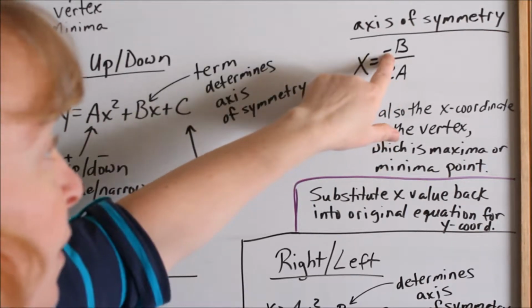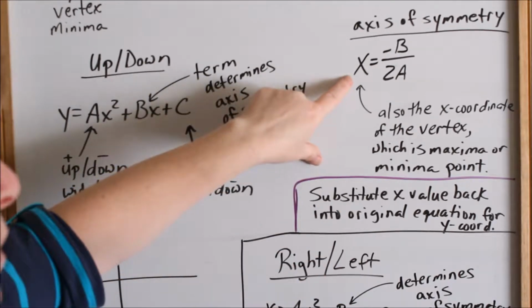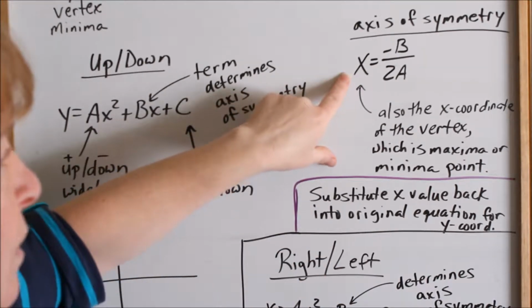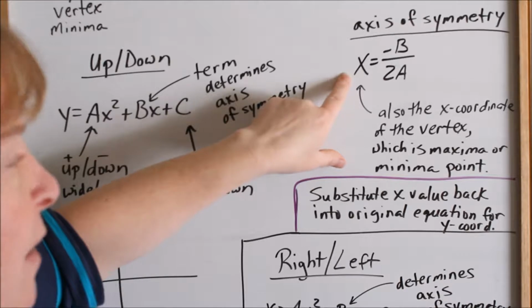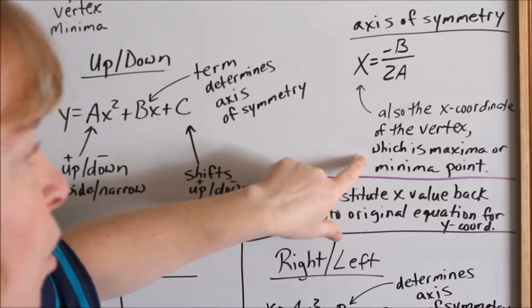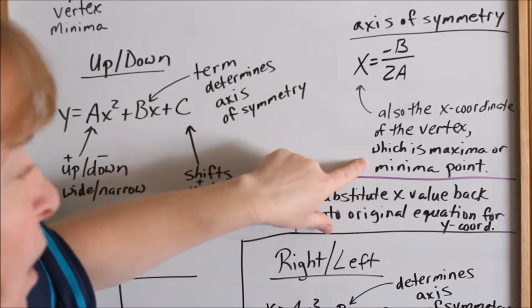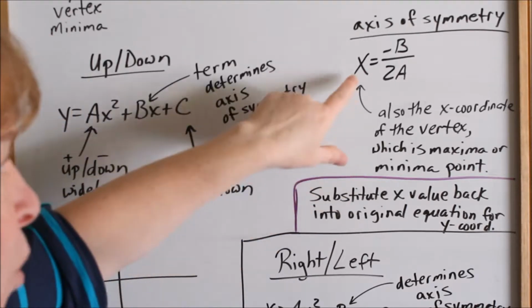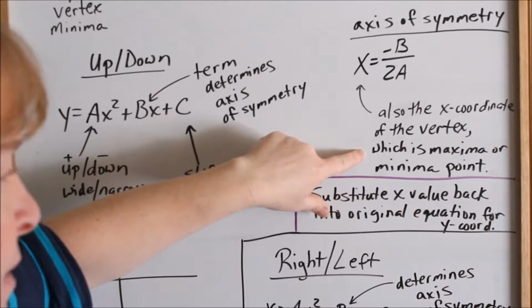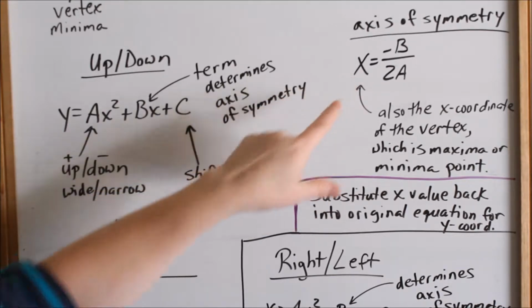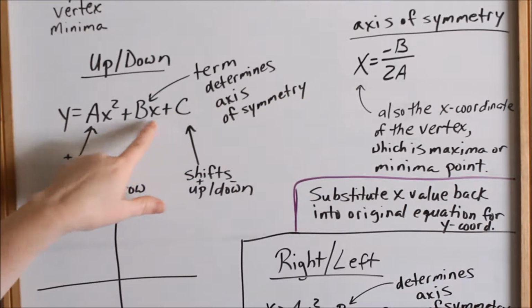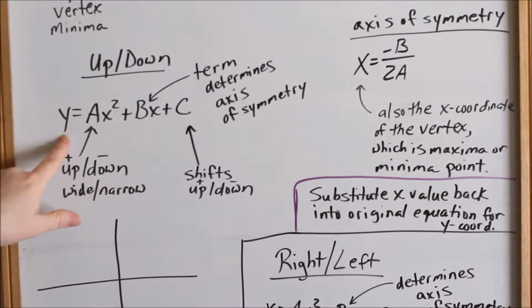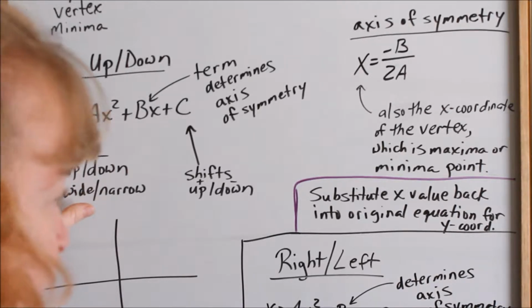So keep up with your negatives. When you do this little formula, this will tell you your axis of symmetry. This also tells you your x coordinate of the vertex, which is the maximum or minimum point. Once you have your x coordinate for the vertex, you can then take this value and substitute it back into the original equation to find your y value, which is the y coordinate of your vertex.